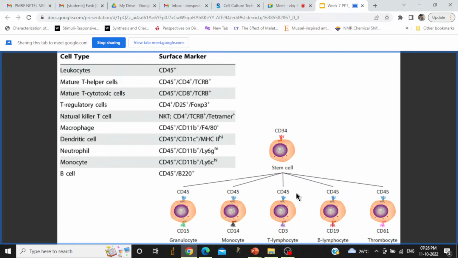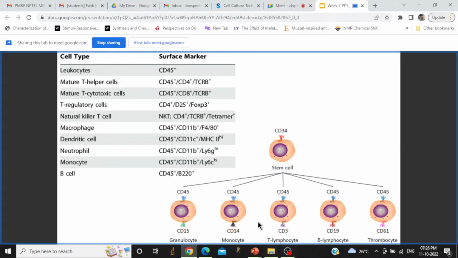But for example, in some experiment, you only want to separate monocytes. In that case, you will use the marker that is specific to monocytes. There are some specific markers of every leukocyte. For example, monocyte has the CD14 marker. So you will use the antibody which is specific to this CD14, and this only binds to the CD14, and you will be able to isolate or separate these monocytes.